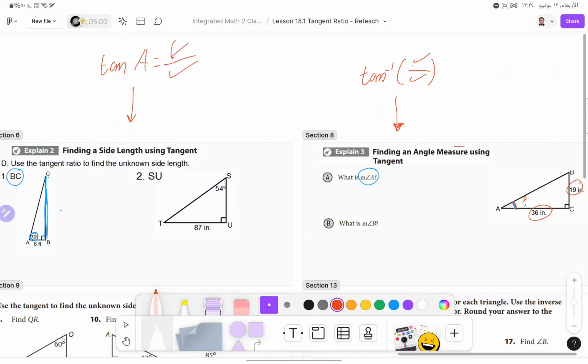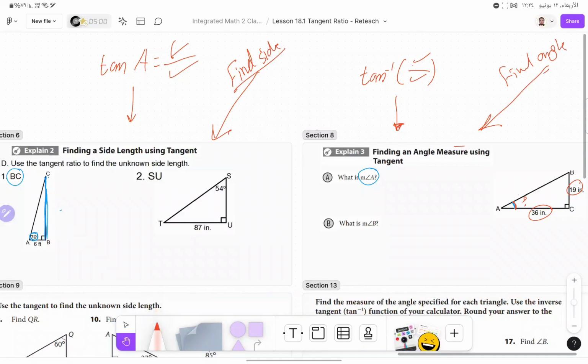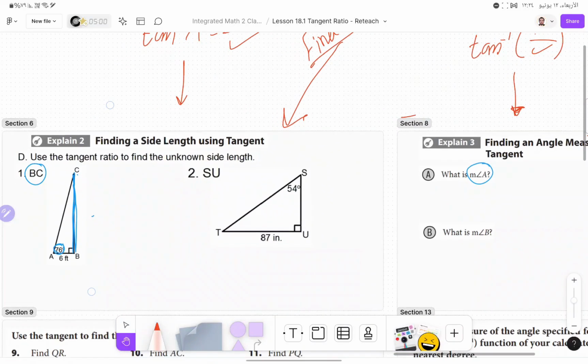So you need to differentiate between these two types of equations. When the angle is given, we use this. When the sides are given and we need to find the angle, we use this. So if the question is to find a side, use this. If the question is to find the measure of an angle, use this. Clear?